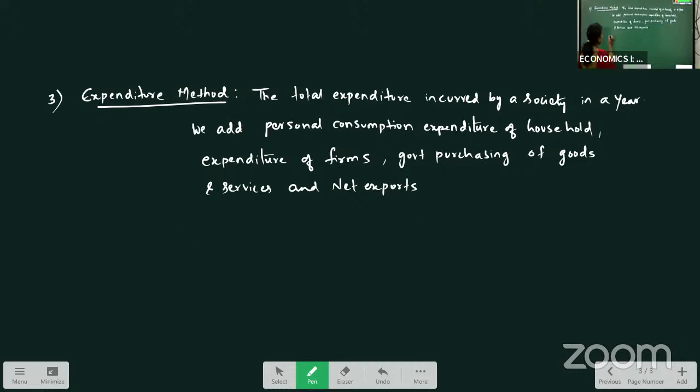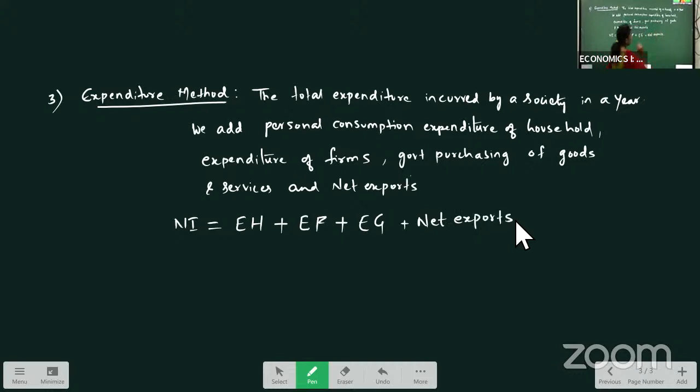So in this case, we calculate it as national income is equals to expenditure of household, EH, plus expenditure of firms, EF, plus government purchasing, means government expenditure, plus net exports. Only export, as I told you, only when we are exporting, we make that product in our country.